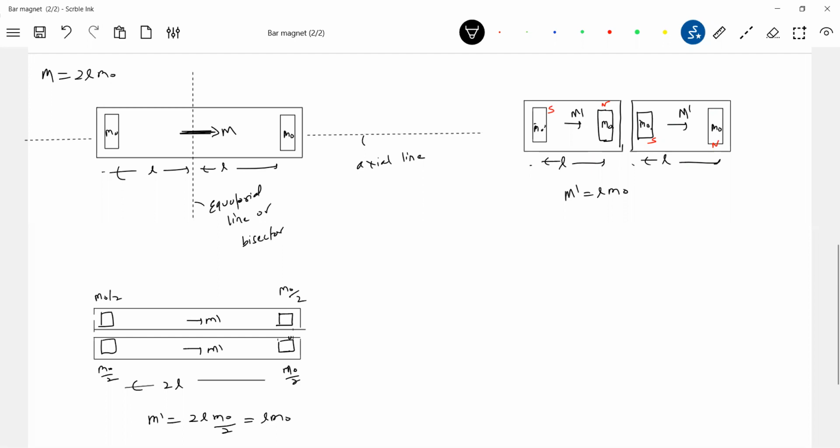So now we'll take the bar magnet. If I cut that into n number of pieces, what conditions will come? There's a bar magnet, and I'm going to cut this into n number of pieces, so that n number of pieces will come here.